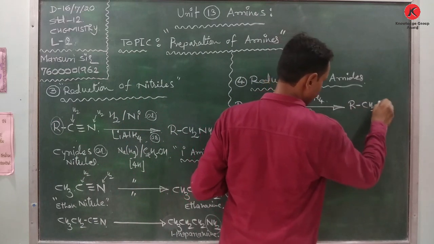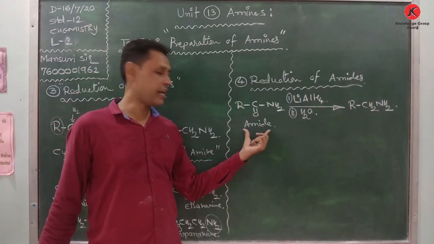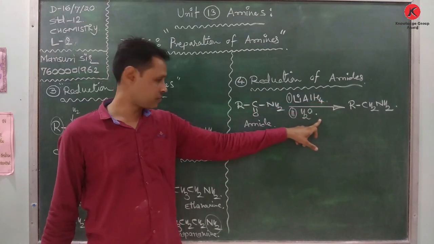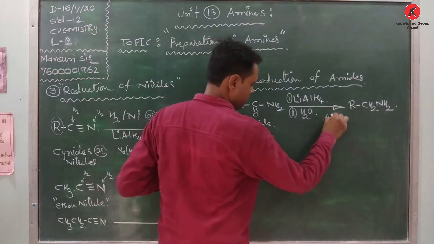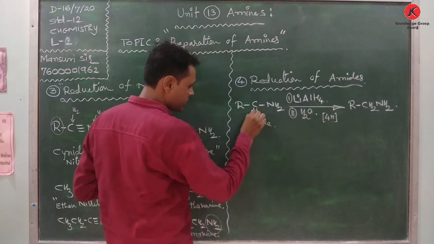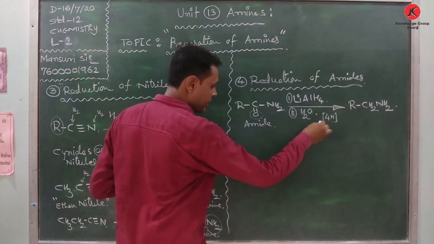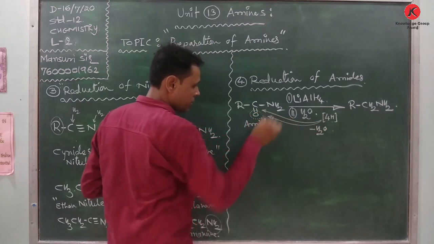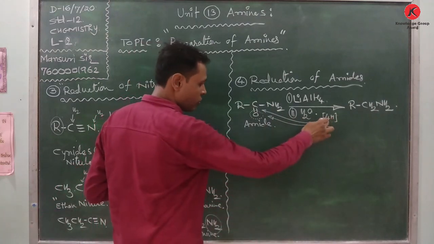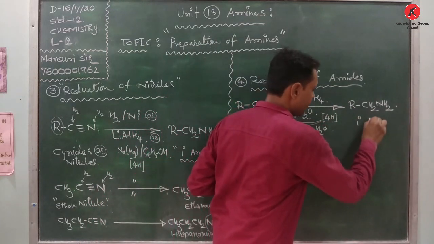How is it formed? When an amide reacts with lithium aluminum hydride and thereafter by hydrolysis, here 4H is used. 2 hydrogen will go with oxygen, that means H2O is formed and removed, and 2 hydrogen will go toward carbon, so RCH2NH2 will be formed. This is my primary amine.